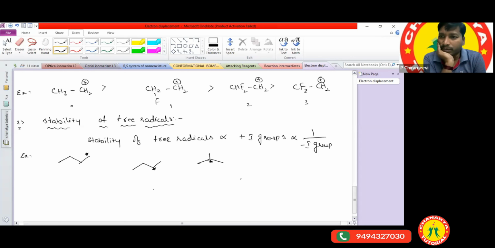Generally we can call this a line representation. Which one is the more stable one? No one is giving the answers.